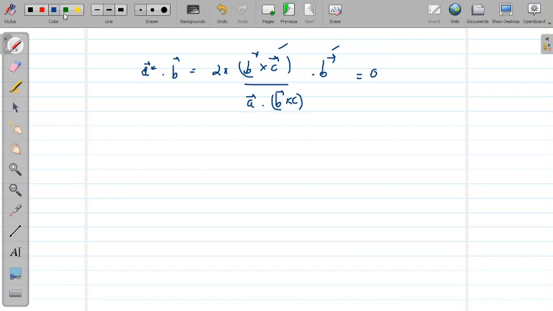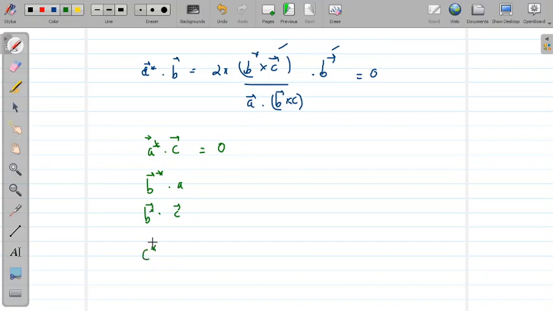In a similar manner, you can find the relationship between A star and C bar. Try to find out the relationship between A star and C bar. You can find it to be equal to 0. I leave it up to you to prove this relation. You can also find the relationship between B star and A bar, and B star and C bar.